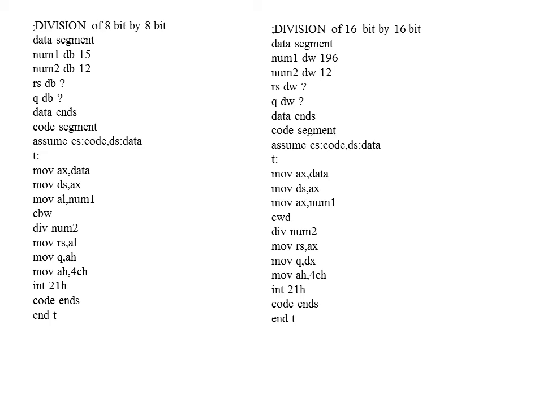Here we convert the given 16-bit number into 32-bit number by using the instruction CWD, copy word to double word.